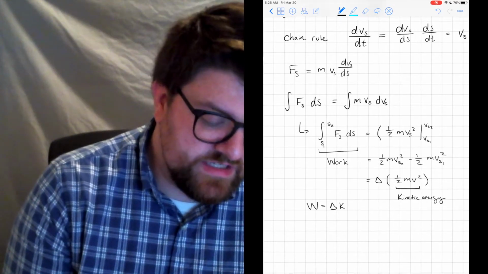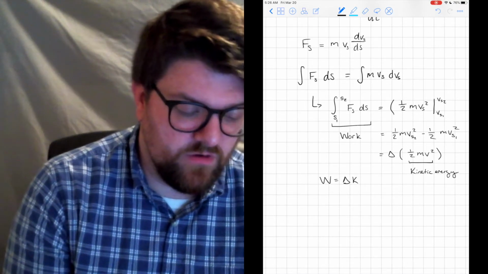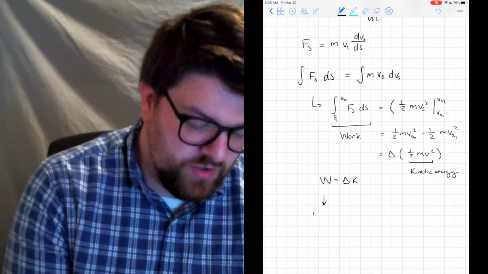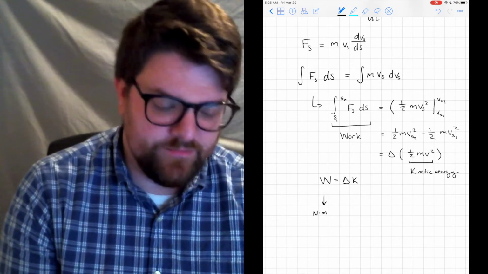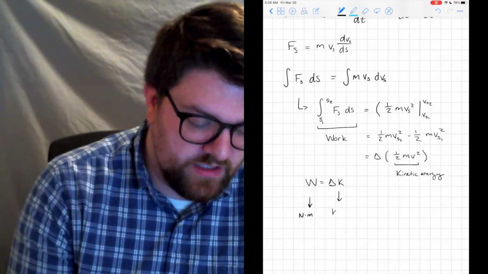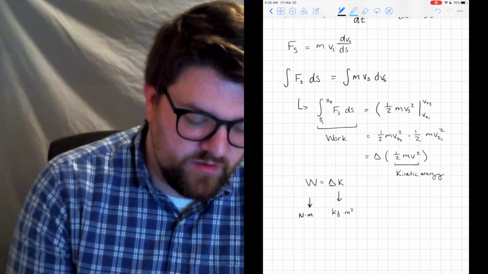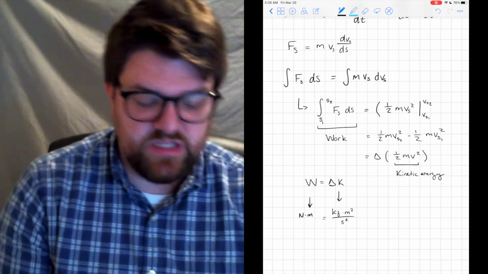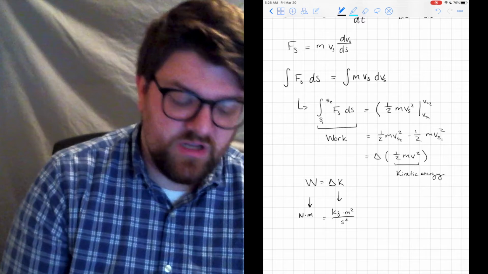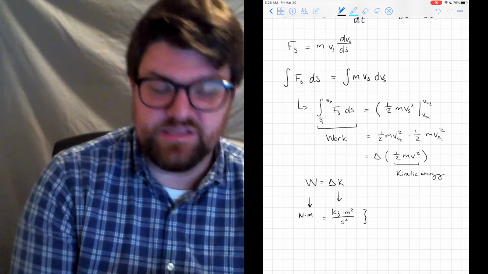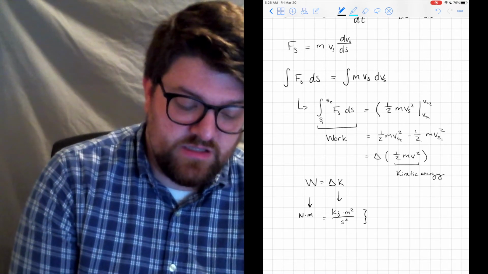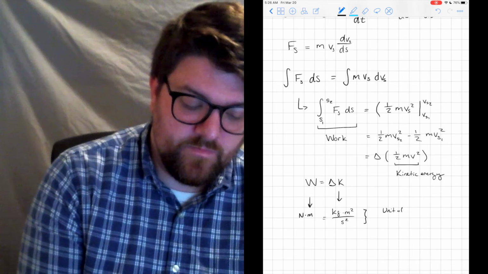Now, if we're thinking about units here, I have some integral of F and a distance, so I'm going to think Newton meter. If I think about kinetic energy, that's going to give me kilograms meters squared per second squared. These are actually equal to each other. They have to be. And we're going to give this unit of energy a name.